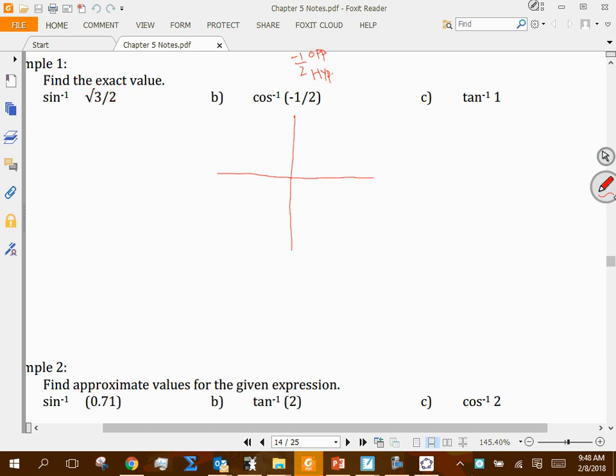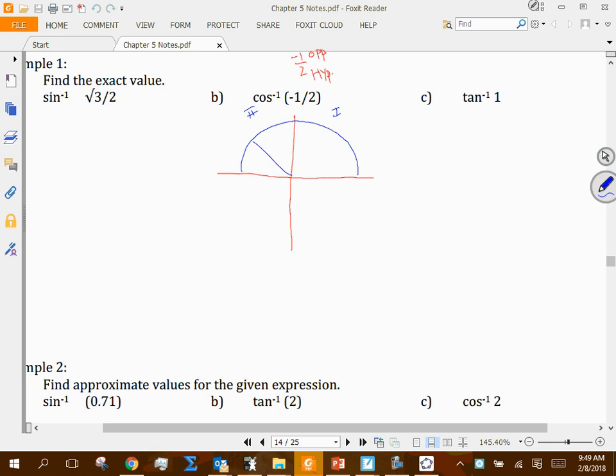Now the cosine inverse, if we go back to the blue curve or the blue chart, is going to give you angles in those two quadrants. Okay, those are the only output values you can get back from the cosine inverse, from 0 to pi. So which one of these quadrants, quadrant 1 or quadrant 2, are we going to be able to use a negative number in?